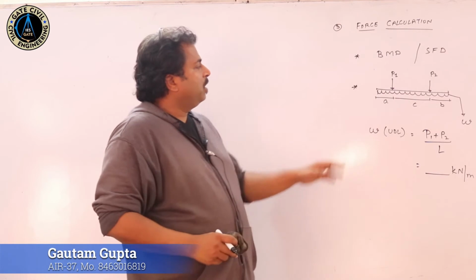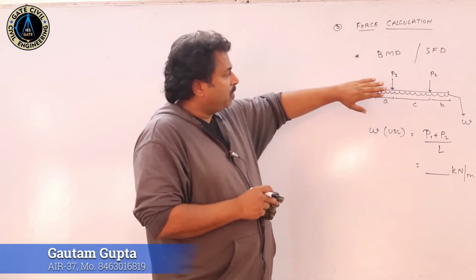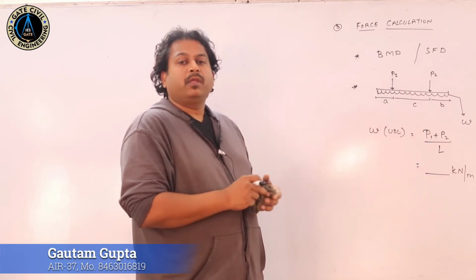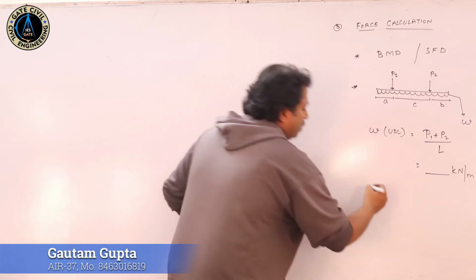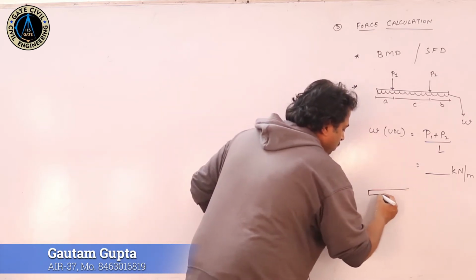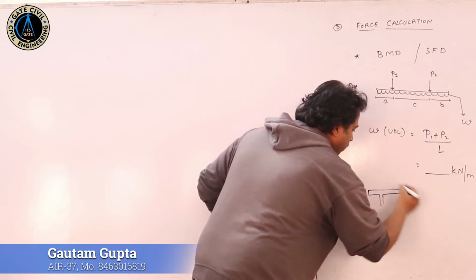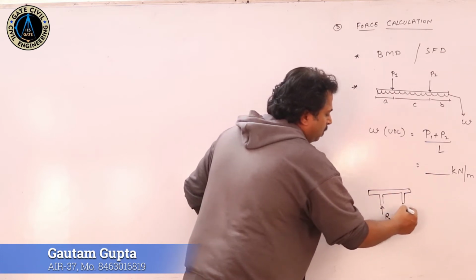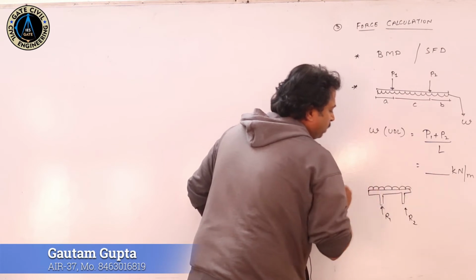Now, if you see this particular figure, it is just a form of a rotated table, the table that you might have in the colleges, something like this. And this is the reaction R1, R2, and this is the loading.